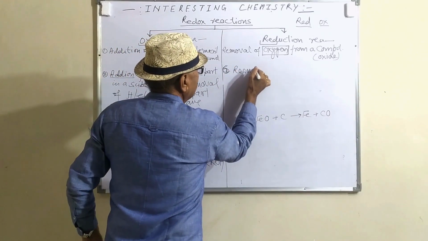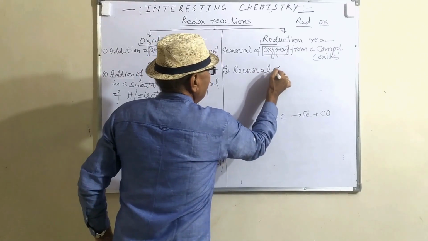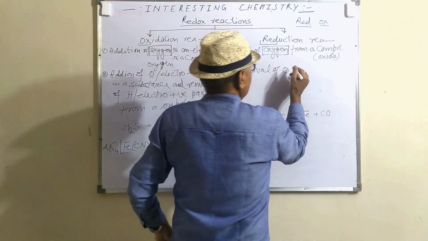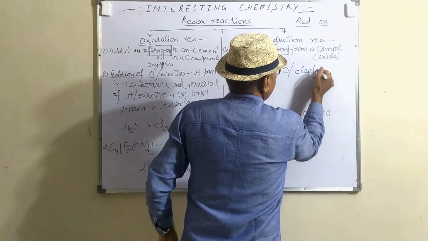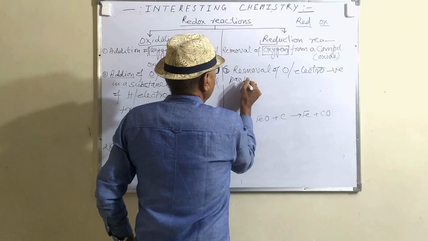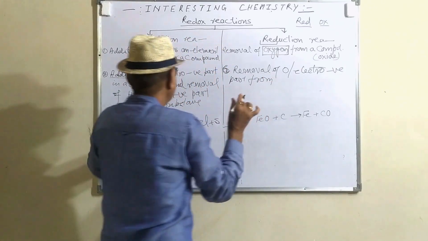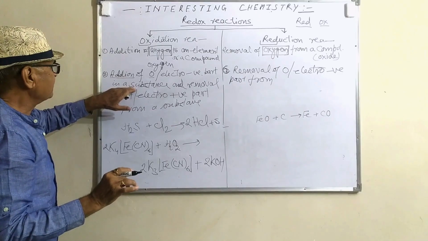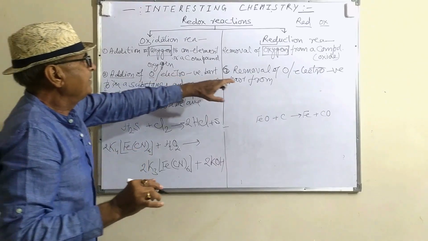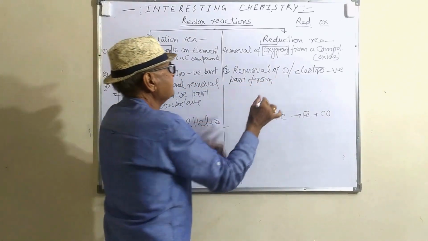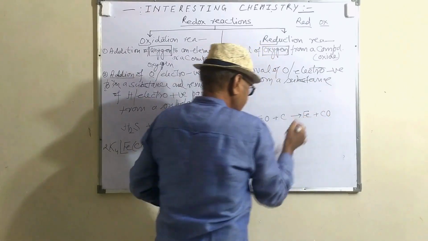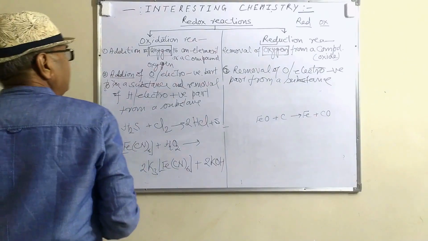So removal of oxygen or electronegative part from a substance. You can write here from a substance. So this is the first half of the definition of the reduction.